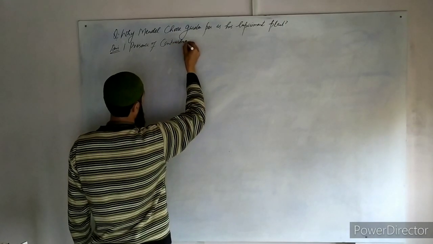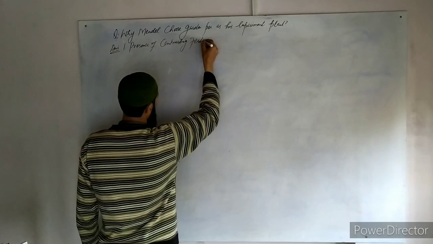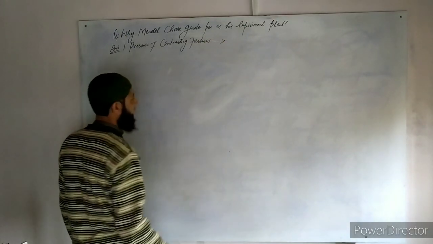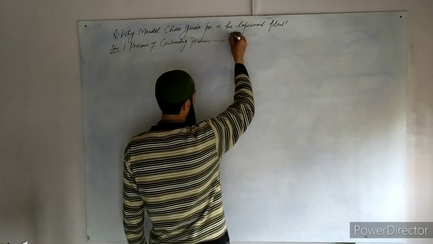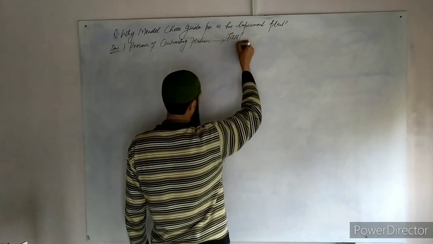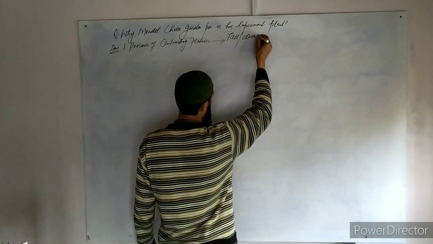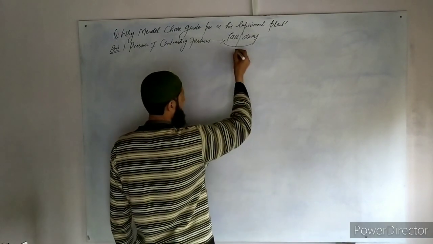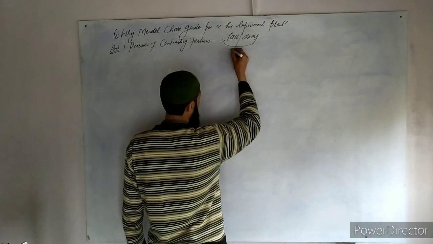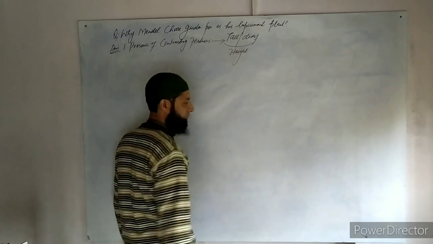Presence of contrasting features in this garden pea, that is, some plants are exceptionally tall while some are exceptionally dwarf. These are two contrasting features of the same character, that is stem height or plant height.